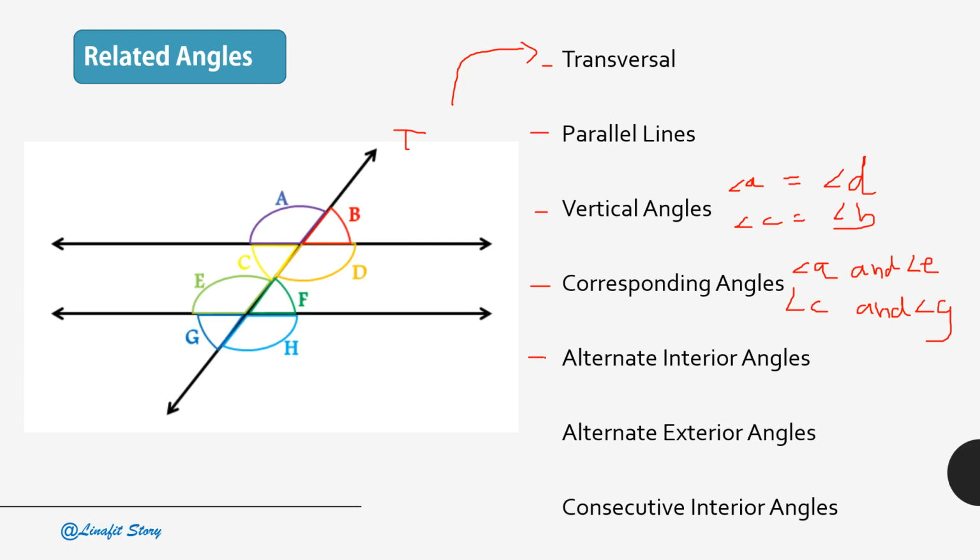Alternate interior angles are a pair of angles on the inner sides of each of those two lines but on opposite sides of the transversal. So for example, angle C and F, or angle D and E.